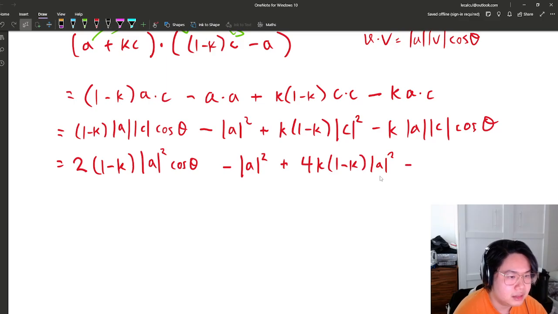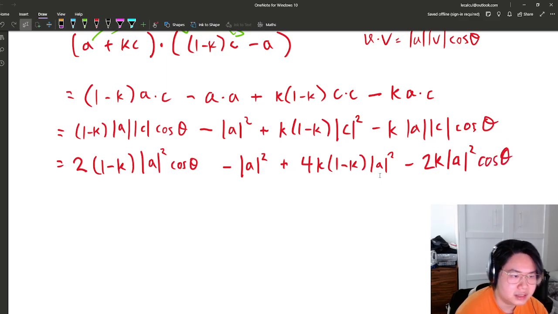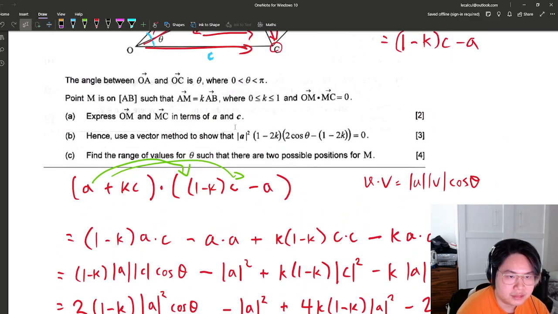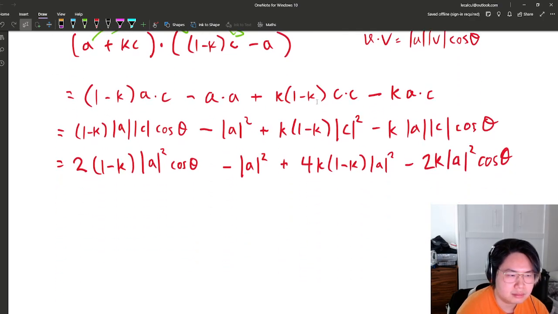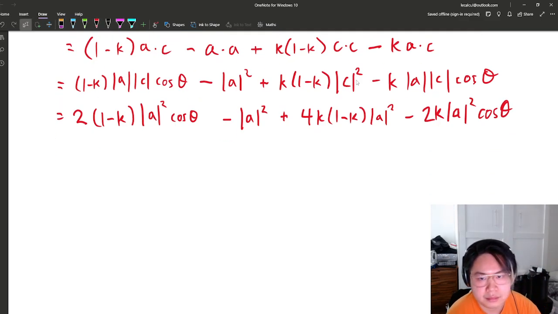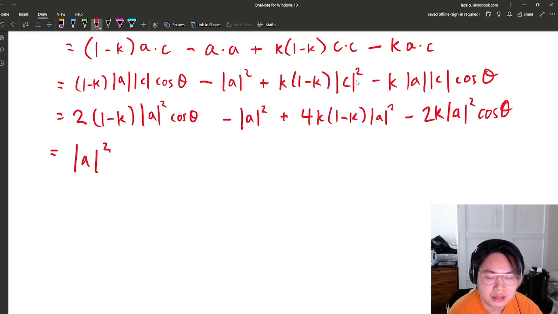And then 2k A squared cosine theta. Okay, this is looking pretty good. So first we factor out that, and then we deal with this. How is this only 3 marks? Am I doing this in such a long and convoluted method?